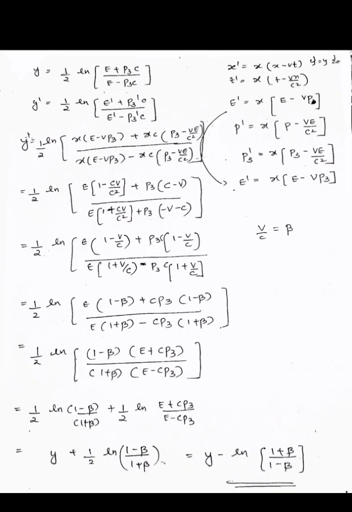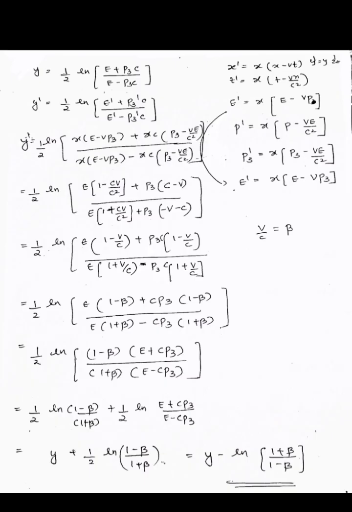This is equal to half ln over E into 1 minus Cv by C square plus P3 into C minus V divided by E into 1 plus Cv by C square plus P3 into minus V minus C. So this is equal to half of ln over E into 1 minus V by C plus P3C into 1 minus V by C divided by E into 1 plus V by C minus P3C into 1 plus V by C. We know that V by C is equal to beta. That is equal to half ln over E into 1 minus beta plus C P3 into 1 minus beta divided by E into 1 plus beta minus C P3 into 1 plus beta.